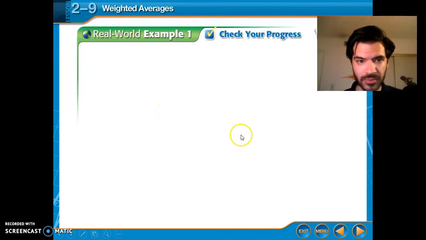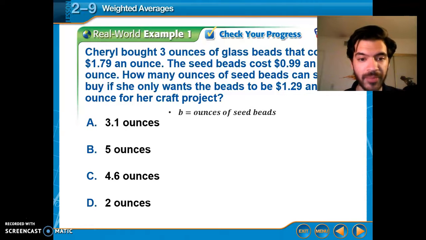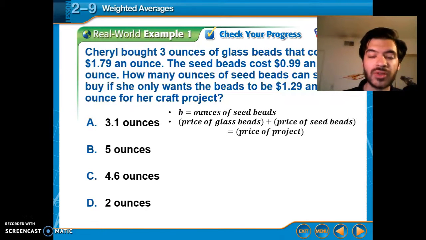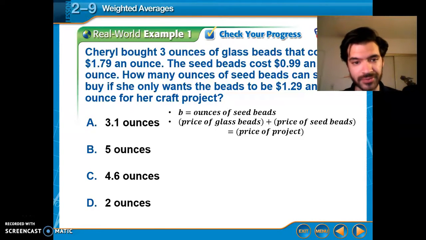So I'm going to let you read this and answer it in just a minute, but first I want to get you on track. So we have B ounces of seed beads. That's our big thing that we're looking at right now. Together we need the price of the glass beads plus the price of the seed beads to equal the price of the whole project.